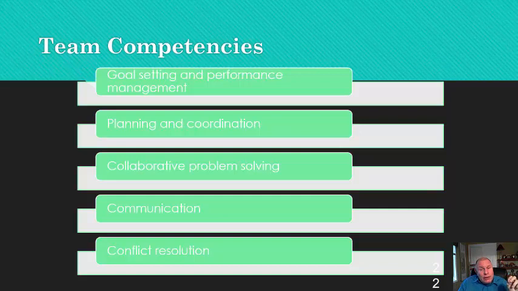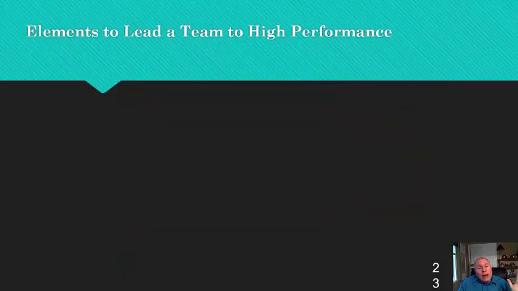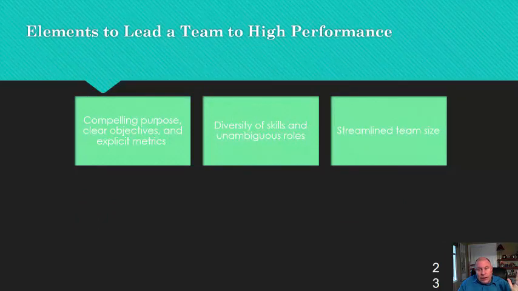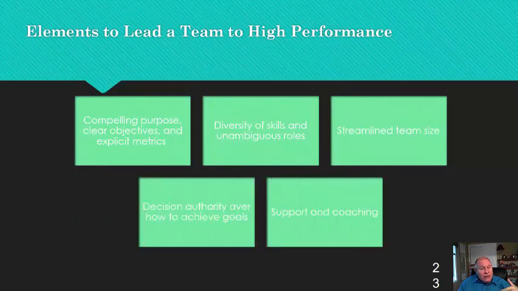And there are certain elements that lead to a high-performing team. When we look at this here, we can see that these are the 5 pillars, if you will, that lead to high-performing teams. One, that they have a compelling purpose, something specific, explicit metrics. How will we do that? Diversity of skills and defined roles.